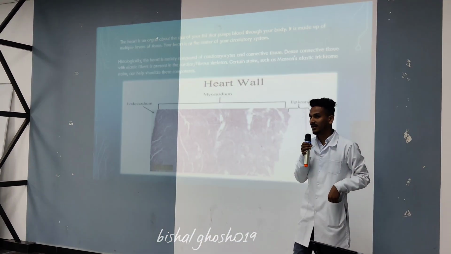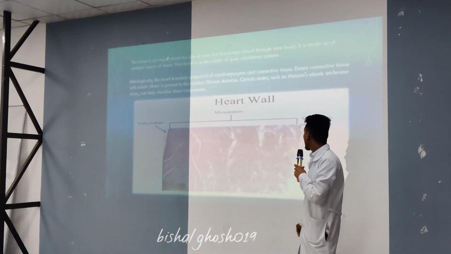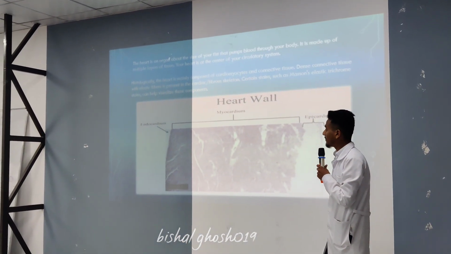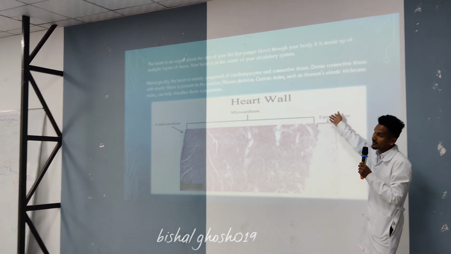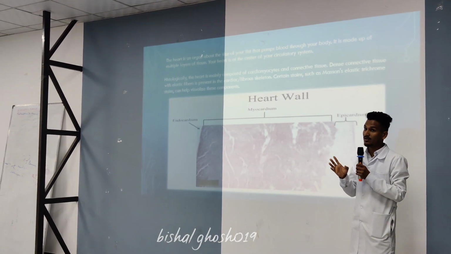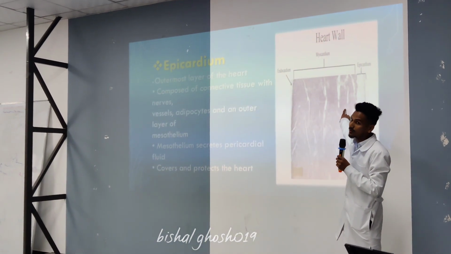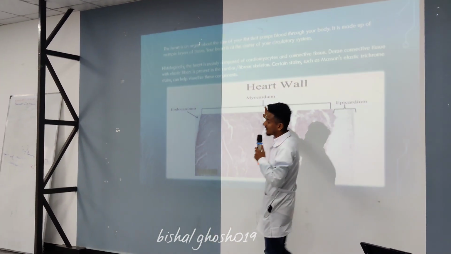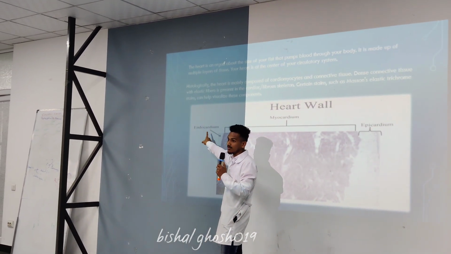One more thing, the heart has 3 walls: epicardium, myocardium, and endocardium. Sometimes the epicardium is called the pericardium. The most important thing about the 3 walls: the epicardium is the outer layer, the myocardium is the thickest, and the endocardium is the innermost layer.